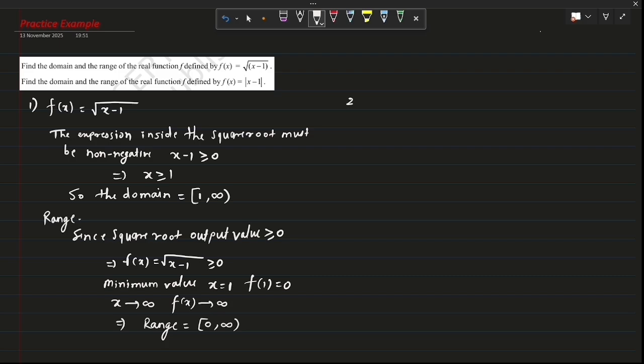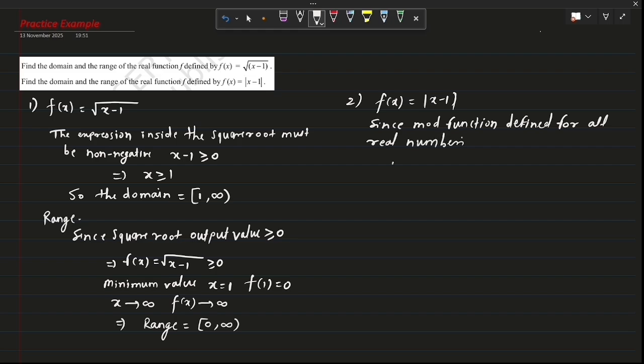Now for the second one, f of x is equal to mod of x minus 1. Since the mod function is defined for all real numbers, it has the definition mod x is equal to x if x is greater than 0, and minus x if x is less than 0.